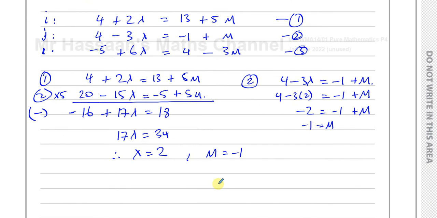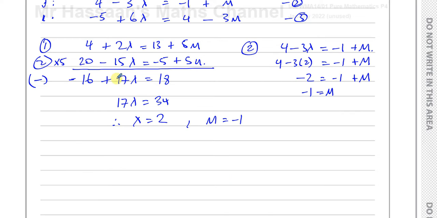Now, if those values satisfy this third equation, then I know for sure these two lines intersect, because I've got a value of lambda and mu that takes us to exactly the same place in both cases. So when lambda is equal to 2 and when mu is equal to minus 1, here we have the left hand side and here we have the right hand side.